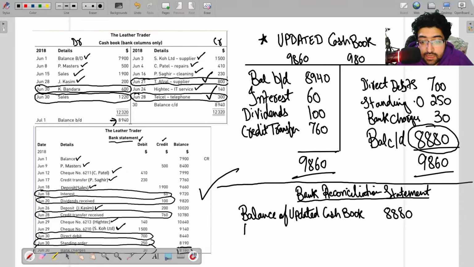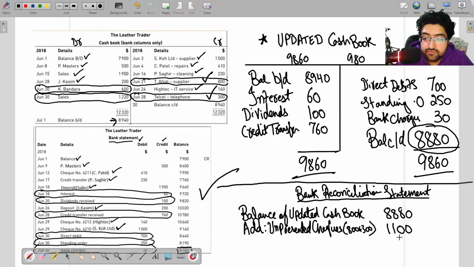Now I've told you we add unpresented checks to it, which are 800 plus 300. Let me show the working here. So total 1100 worth of unpresented checks are there.